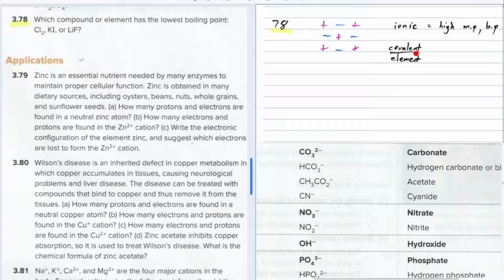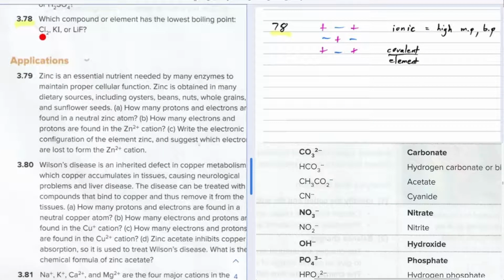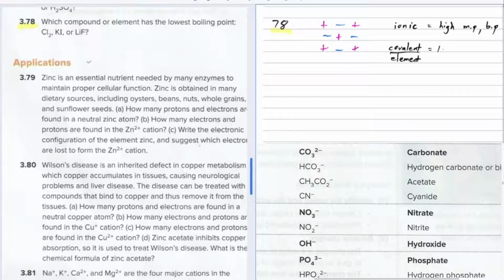Covalent compounds are made of molecules, and elements are sometimes made of atoms, sometimes made of molecules. In this case, this element is a molecule because you've got two. And these are much easier to boil, so they have lower melting points and boiling points.